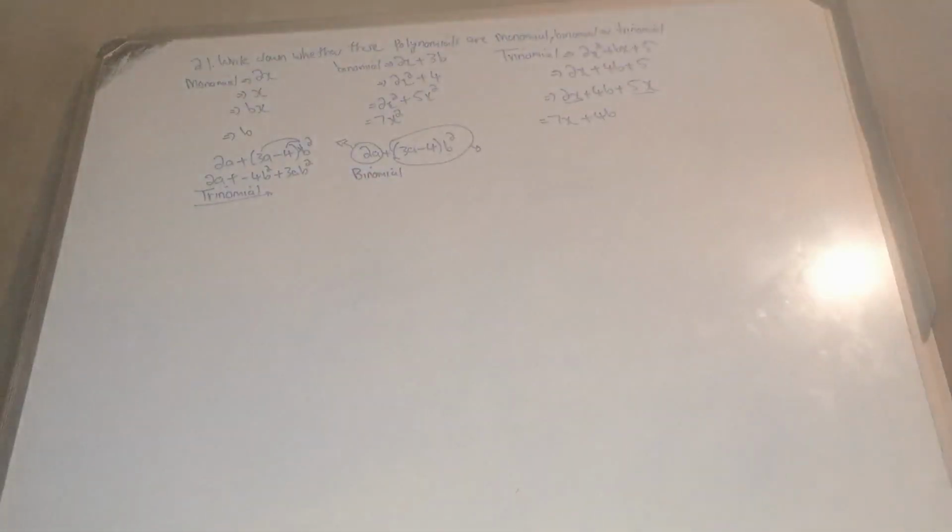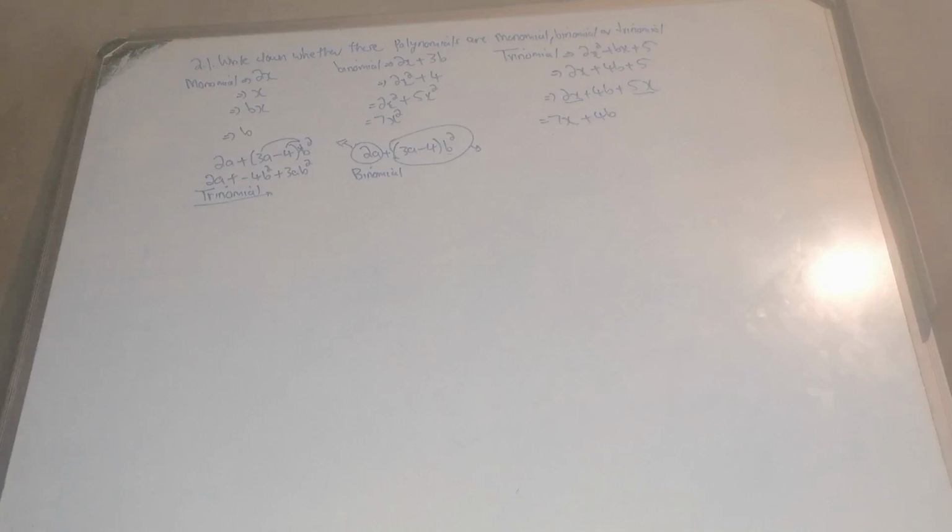Now the question is, which one is correct? Trinomial. Because every time we have the brackets, we must remove those brackets to simplify. We simplify first, and then we conclude.